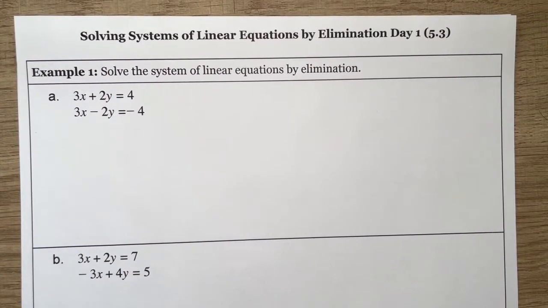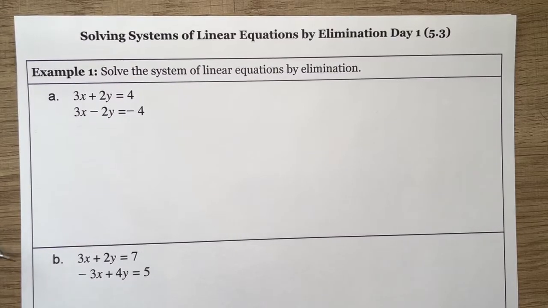So we're looking for a variable that occurs in both equations with a matching coefficient, and it's okay if they have the same sign or different signs; we'll talk about both situations. For example 1a, 3x plus 2y equals 4, and 3x minus 2y equals negative 4.